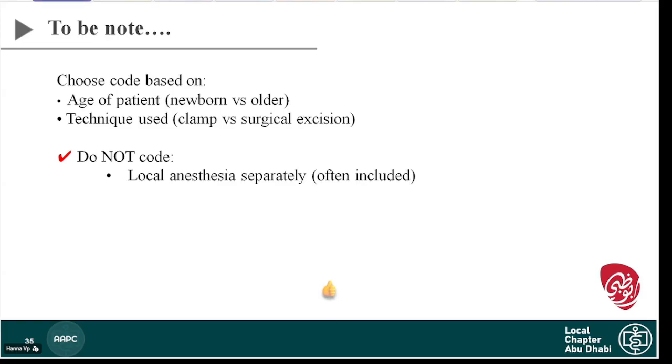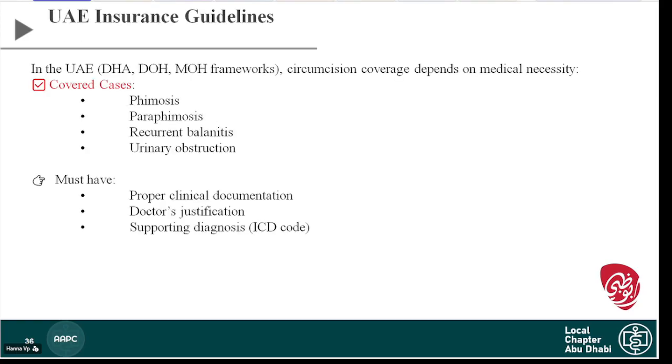Now, for circumcision procedures, guys, there can be some complications during pre-approval and claim submission. Let me show you the main themes related to insurance guidelines for circumcision. Let's see this: UAE insurance guidelines for circumcision procedures. Can you see? In the UAE, under the DHA, DOH and MOH frameworks, circumcision coverage depends on medical necessity.